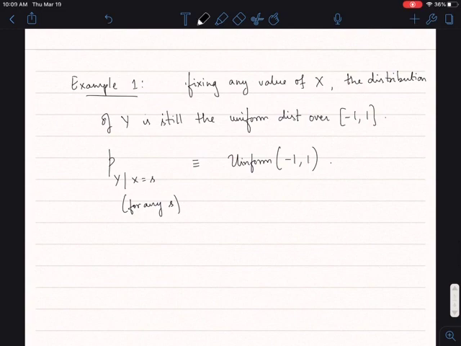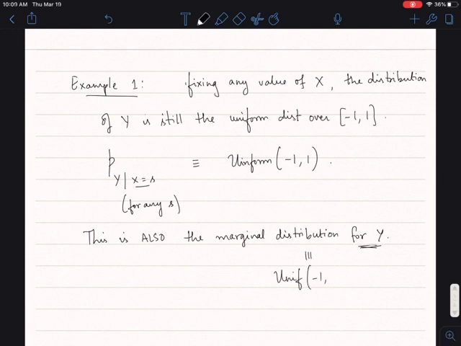And interestingly, in this case, this is also the marginal distribution for y. Remember, the marginal distribution is simply the distribution of y not caring about what value of x is. Because the distribution of y is the same for any value of x, the marginal distribution is exactly the uniform distribution over minus 1 to 1.